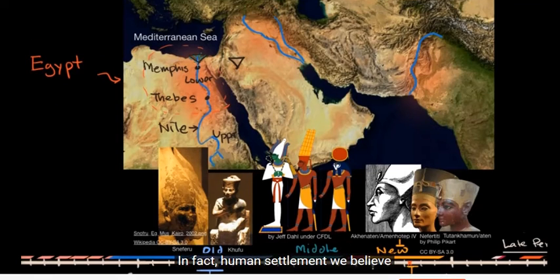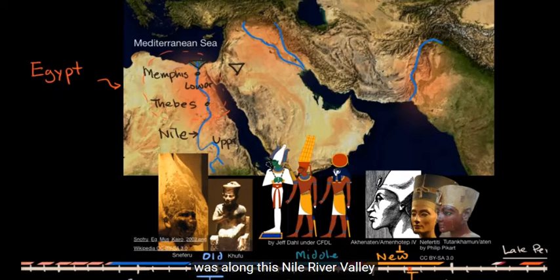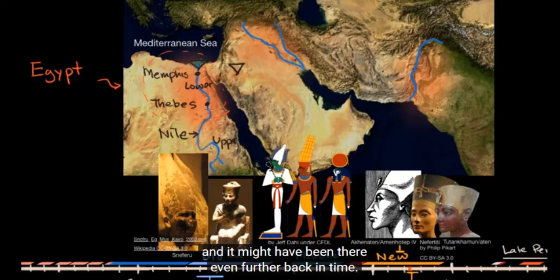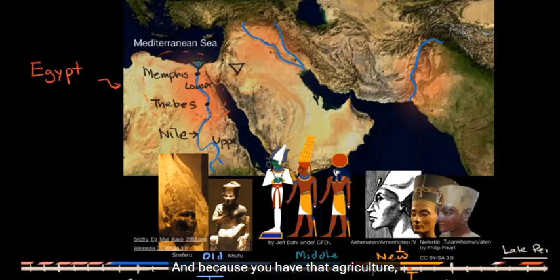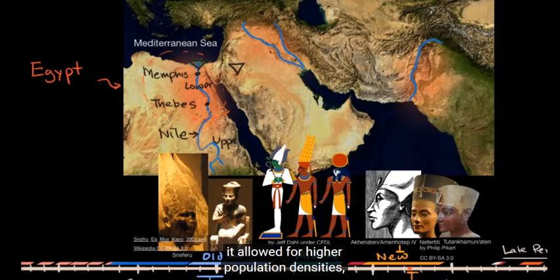In fact, human settlement, we believe, was along this Nile River Valley as far as 6,000 BCE, or 8,000 years ago, and it might have been there even further back in time. And because you had that agriculture, it allowed for higher population densities, which allowed for more specialization of labor and more complex societies. It's not a coincidence that one of the first great civilizations emerged here.